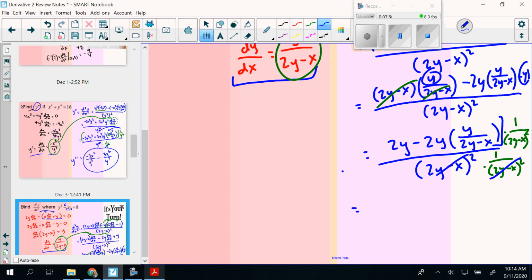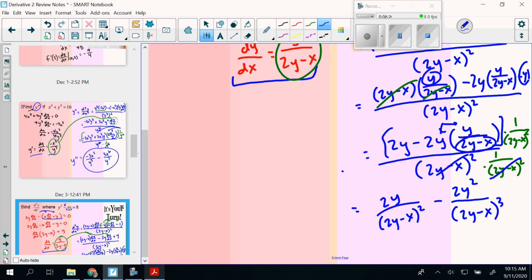Since we've got two terms, we have to make sure to distribute that. So we'd have 2y over 2y minus x squared, minus, and I'm going to multiply these two things together, so it'd be 2y squared. Here we already have a 2y minus x in the denominator, so this one would be over 2y minus x cubed. And again, I don't know how far. That's pretty simplified right there. That would be the second derivative.